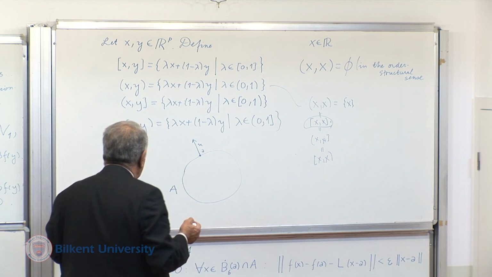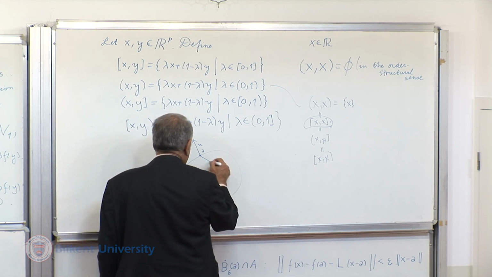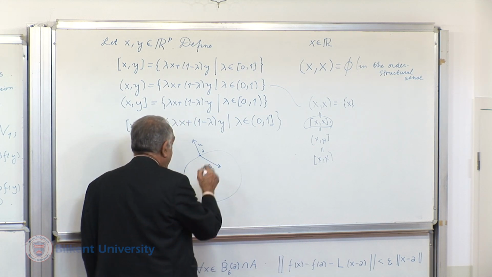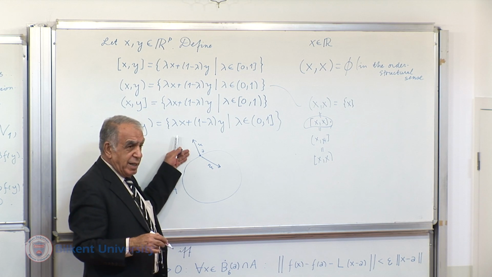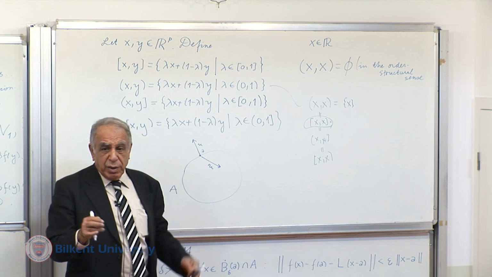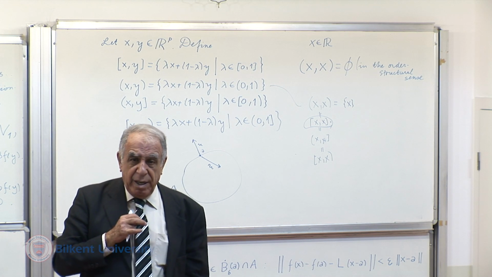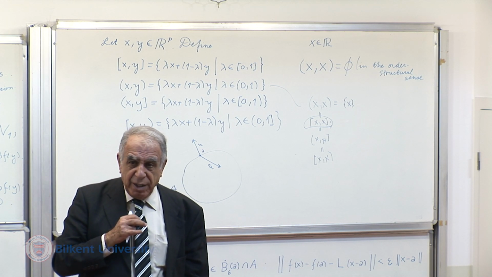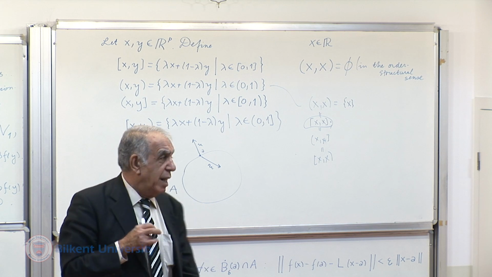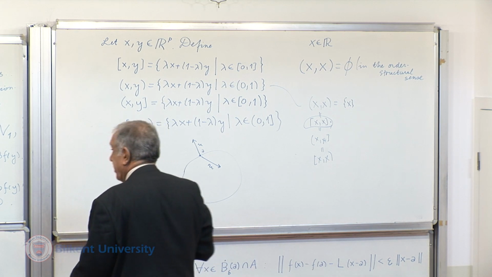So we need to make a distinction between vectors which point into the set, which is the domain of the function, and those which do not. Now let's first formalize that.